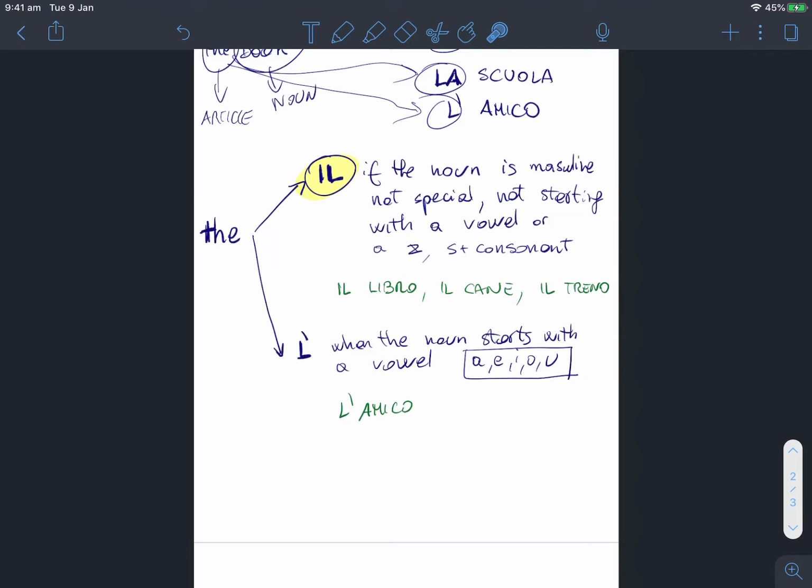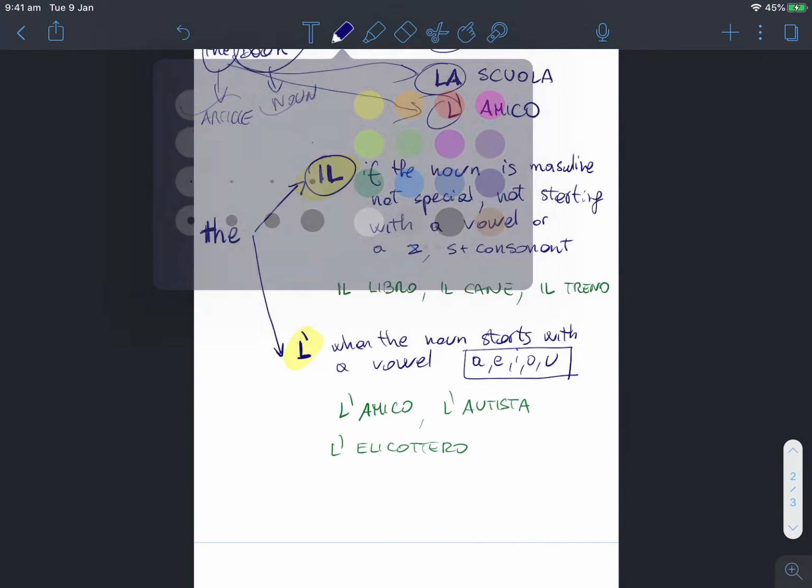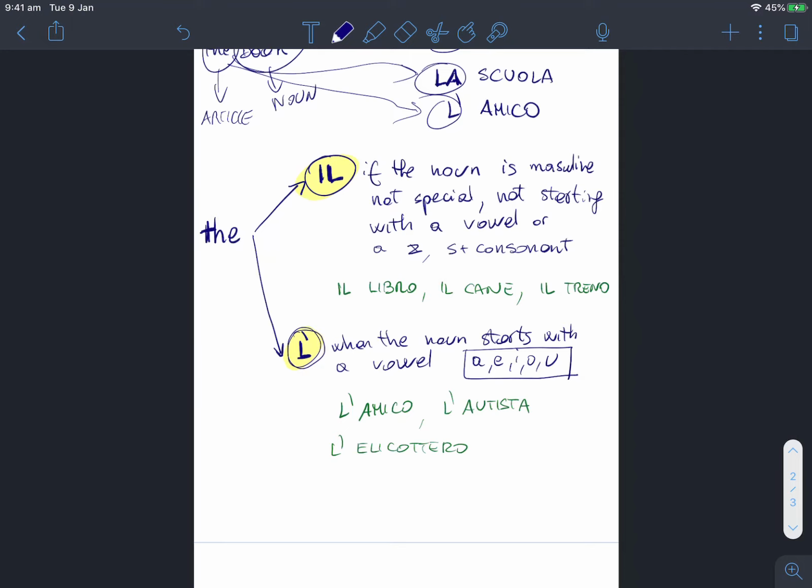You simply say l'amico, the friend. What about autista, which means the driver? L'autista. What about elicottero, which means helicopter? L'elicottero. So the second one that you want to know is l', and you put l' when the noun you are considering starts with a vowel.